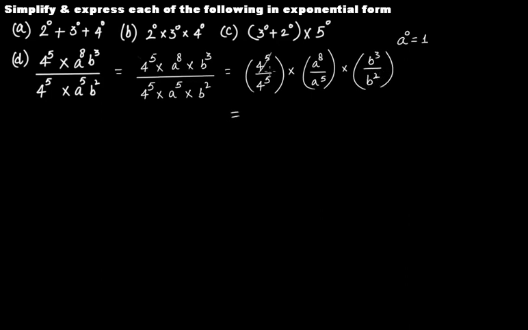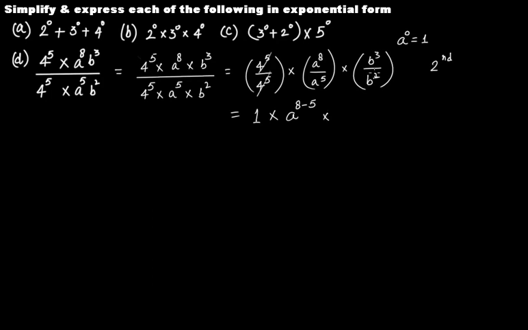Now this becomes 1 because the two powers are the same, 4 to the 5th power. So this becomes 1 times a to the 8th power divided by a to the 5th power. Clearly these two powers have the same base, that is a. So by the second law of exponents, we keep the base a and simply subtract the exponents.